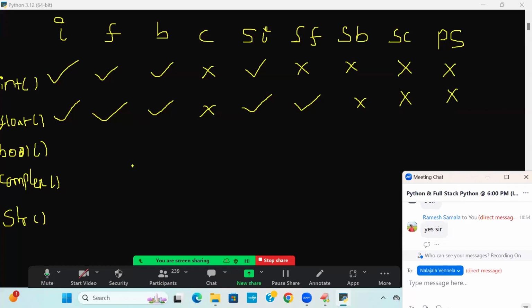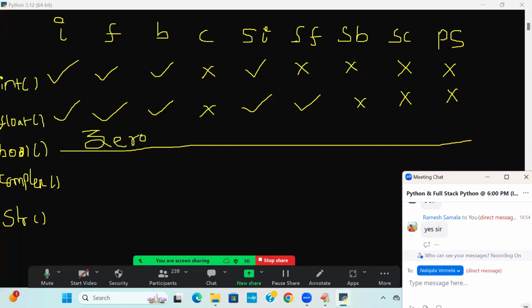Very, very important diagram. Next, int to bool. Come on. All these things are possible. But one thing I will write. What is that? Zero value, or zero length value.